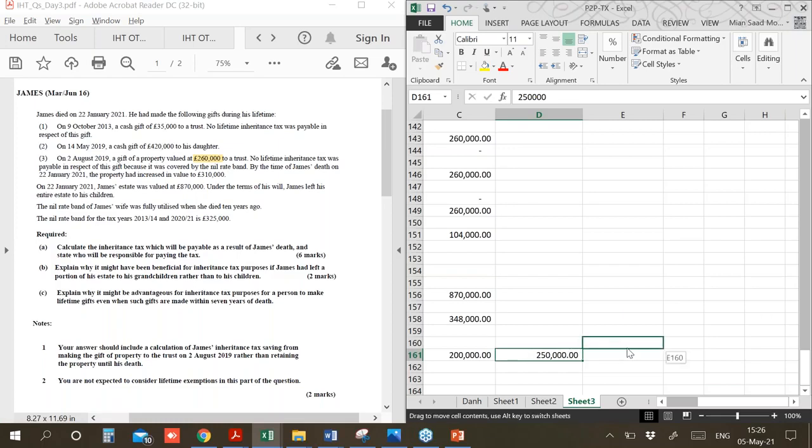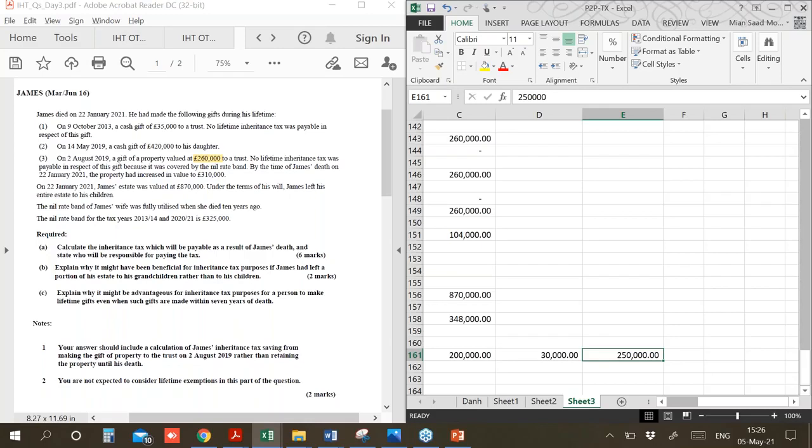Now imagine that between these two transfers, for example, there would have been a transfer in 2014, and that transfer was 50,000, or let's say 30,000. Now imagine that you are standing here checking whether there is any amount or transaction or asset that utilized nil rate band.